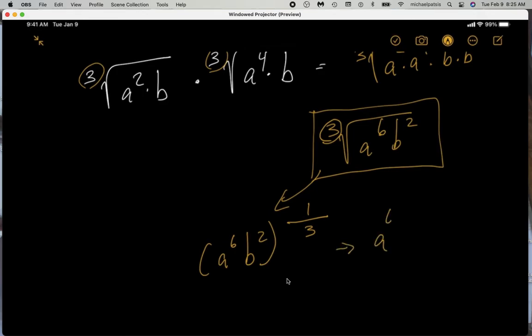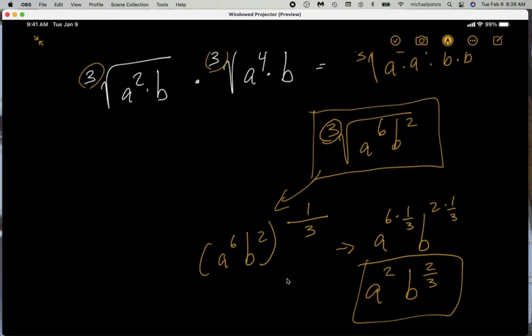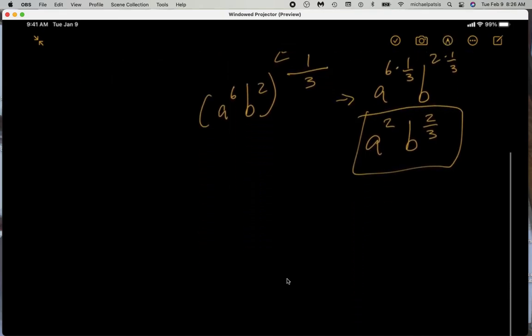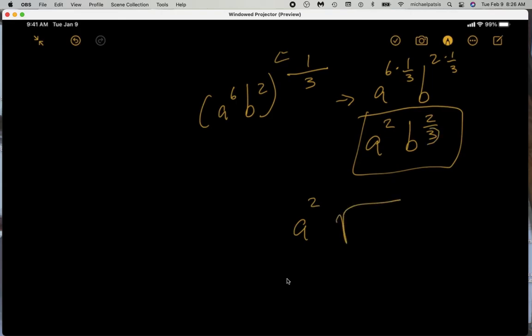So you have a to the sixth times 1/3, b squared times 1/3, and this becomes a squared b to the 2/3 power. And you could even then simplify this to a squared, take the b, here's your root underground, like so.